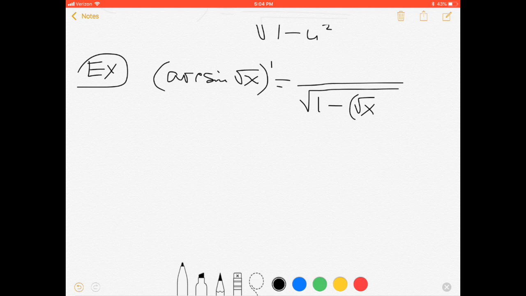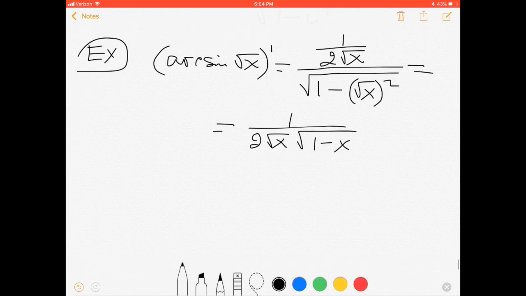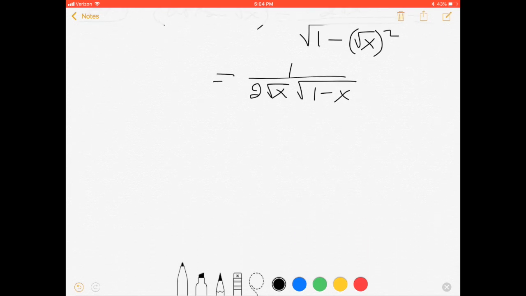This means square root of x squared. The numerator will be the derivative of square root of x. Okay, it will be 1 over 2 square root of x. This means if you write it normally, it will be 1 over 2 square root of x on the bottom, and here you have 1 minus x.